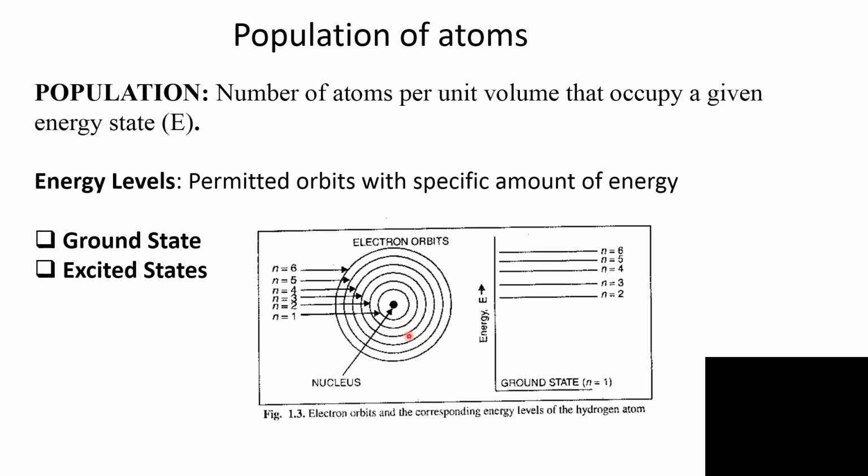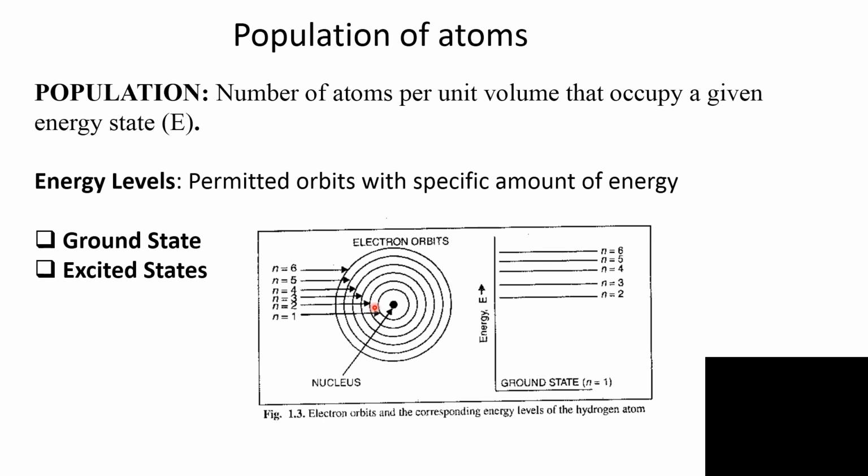These energy levels are basically of two types. The first is the ground state and the other is the excited state. The ground state is the lowest energy level and all the remaining ones are excited states.